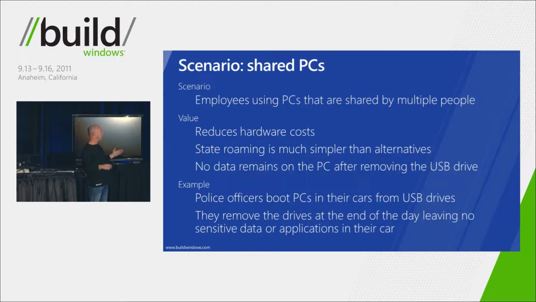But you also see this in a number of other really interesting scenarios. See it in embedded laptops in vehicles. So police officers increasingly have full-on embedded laptops in their machines. We've seen and talked to different organizations that want to issue USB drives to the officers. The officers get whatever car they get. They boot up off that. When they're done, they take the USB drive, they give it back.